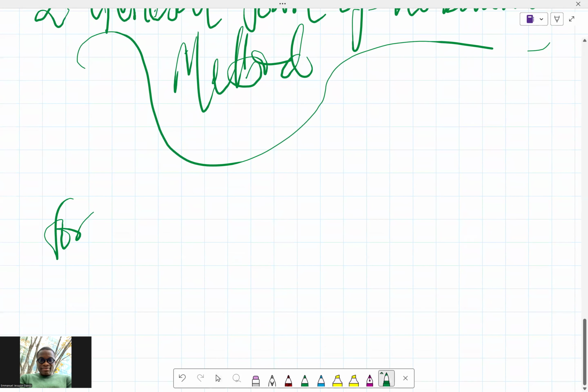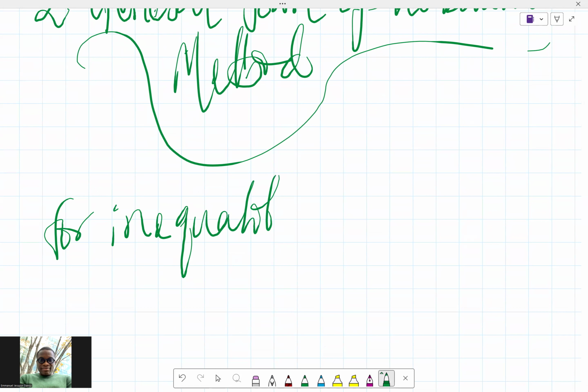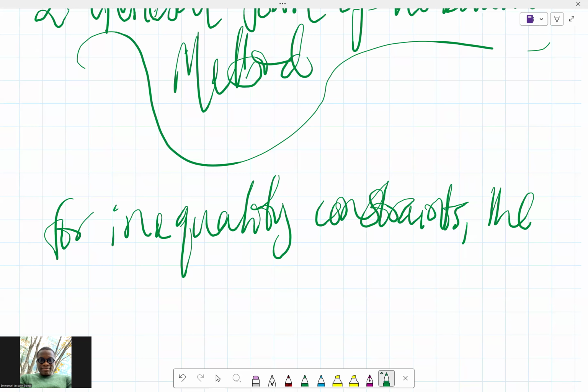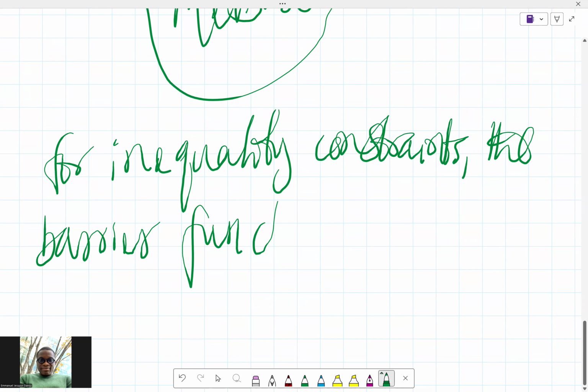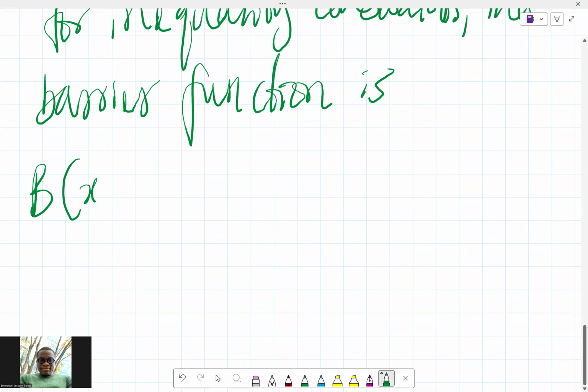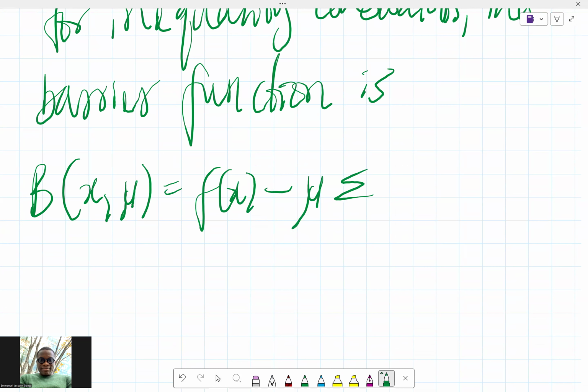Okay, so for inequality constraints, the barrier function is b of x comma mu equals f of x, that's the objective function, minus mu summation from i equals 1 to m, then you have log minus gi of x.